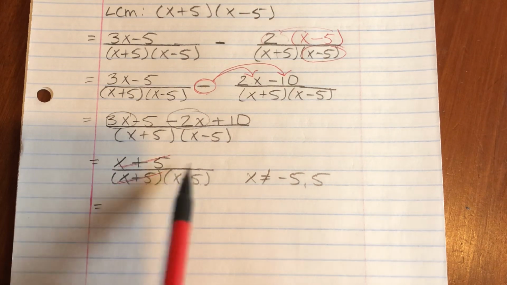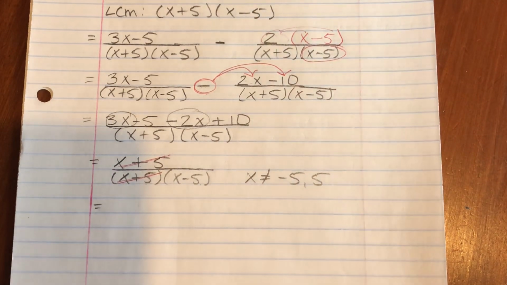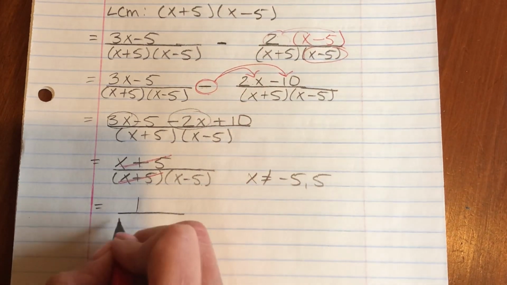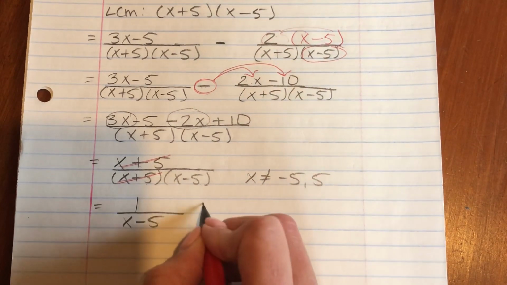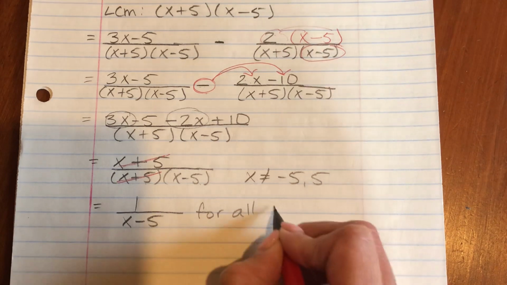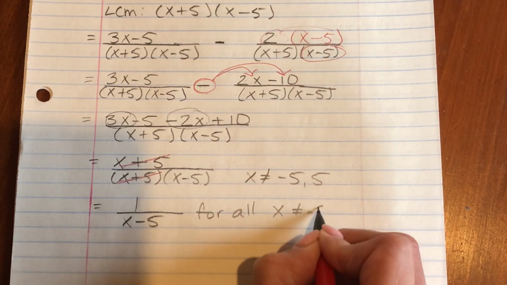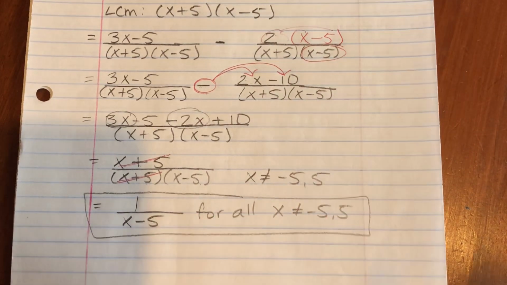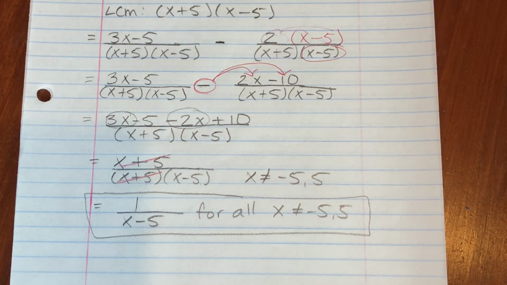So I'm not left with anything on the top, so that would be a 1, so it's going to be 1 over x minus 5 for all x not equal to -5 or 5. And that is your answer there.